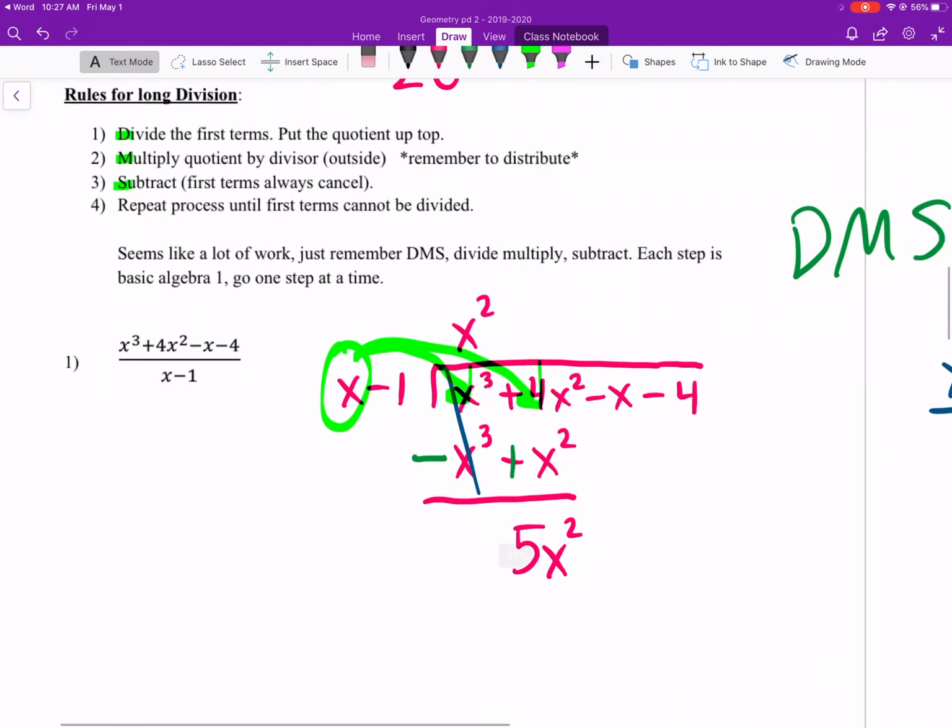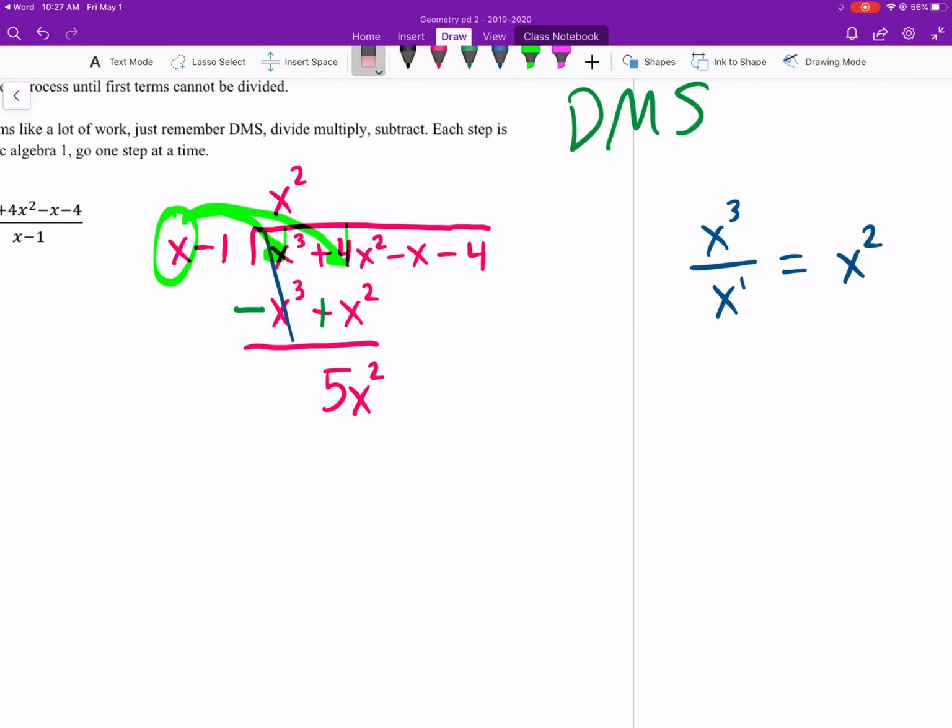So we have to now divide the first terms, if we're thinking about that. We have to take what resulted, which was the 5x squared, and now divide that by that first term again, which that first term, remember, was x. So 5x squared divided by x.